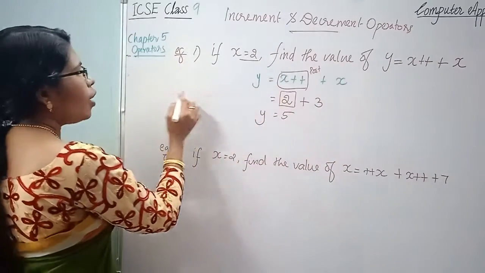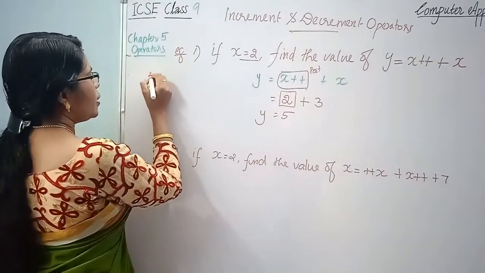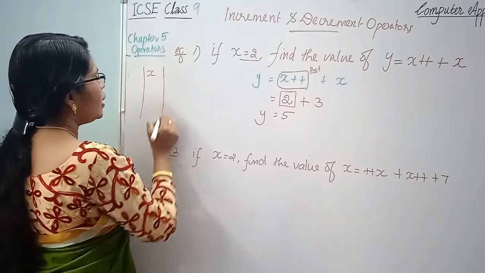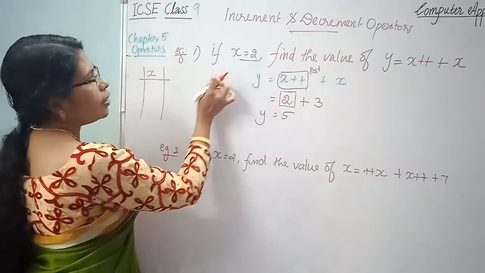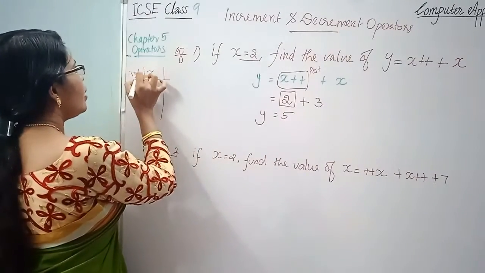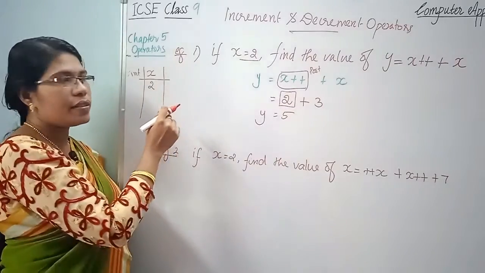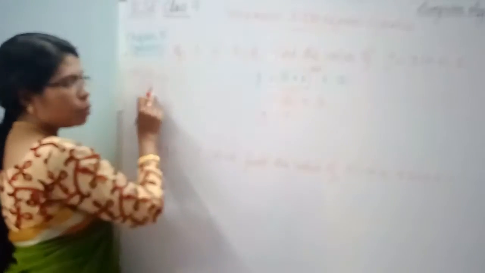During this evaluation, let's see how the memory is allocated, to understand in detail. Just imagine we are declaring a variable x and initializing it as 2. In the memory, consider this the memory status: x equal to 2.